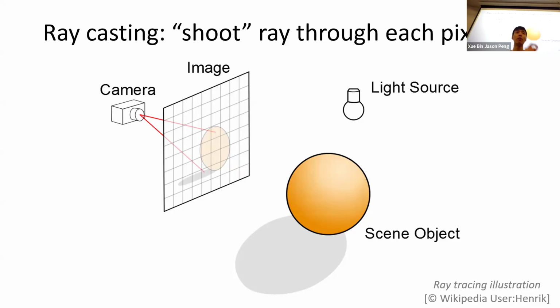Starting at the origin of the camera, we're going to cast a ray, and each one of the rays is going to pass through a particular pixel in our image plane. So this ray is going to tell us how much light is going to travel from the scene and arrive at a particular pixel in our image.